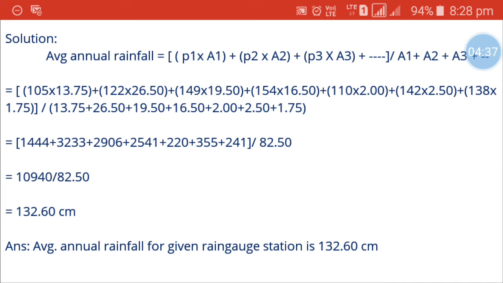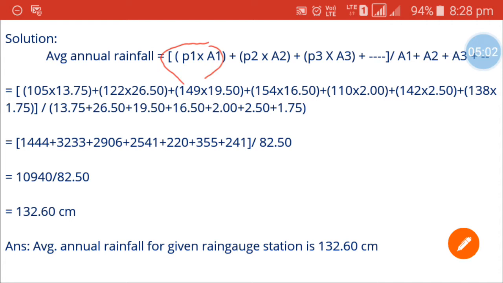Here we can see that the formula which is used includes the multiplication of precipitation and the area enclosed in that catchment. For the rain gauge stations, we have 7 stations.